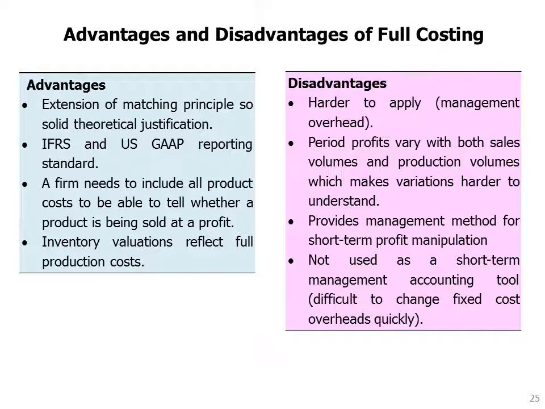They can do so by increasing production to create a situation where there's a reversal of an over-recovery, giving a short-term inflation to profit. And full costing is not used as a short-term management accounting tool, largely because it's difficult to change fixed cost overheads quickly. And management accounting, when it comes to short-term changes, focuses much more on the direct variables.